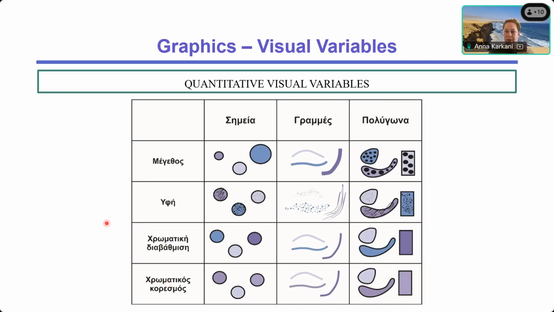So we have visual changes in the size, in the texture, in the sense of the pattern that we will use, in the colors that we will use, lighter colors or darker colors, and also in the color saturation, especially when we print maps, okay?